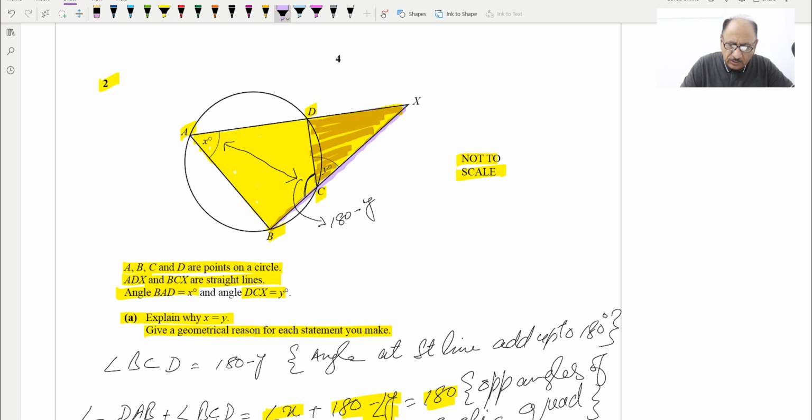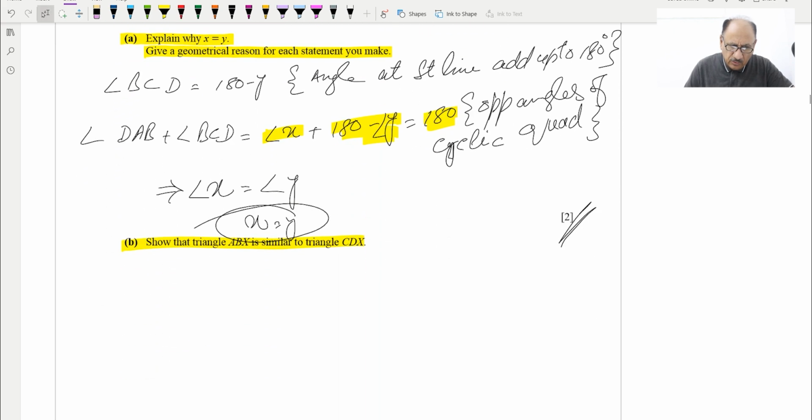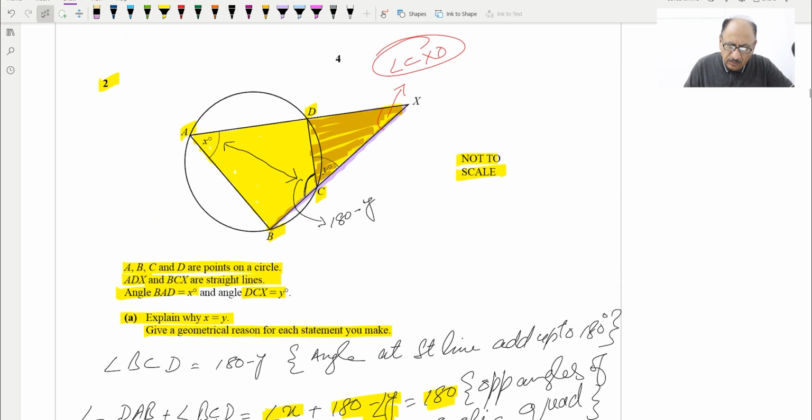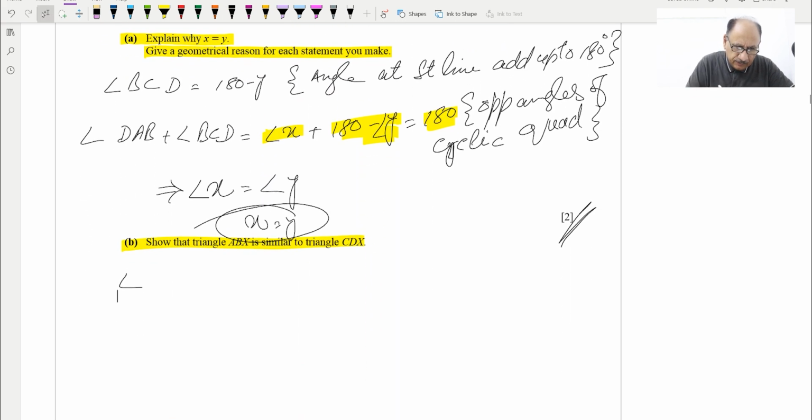So these two triangles we need to show that they are similar. This angle CXD is in both triangles. So we will write here angle CXD.